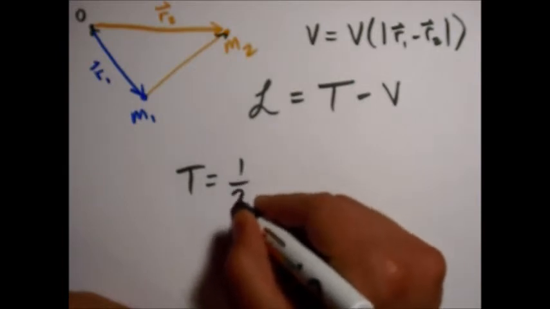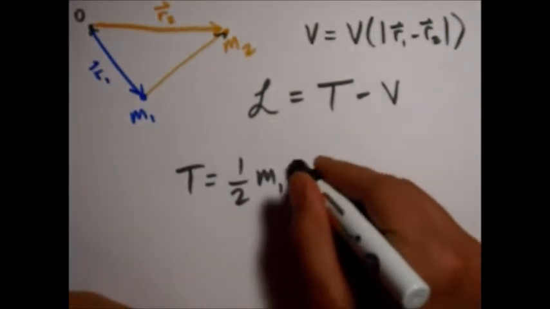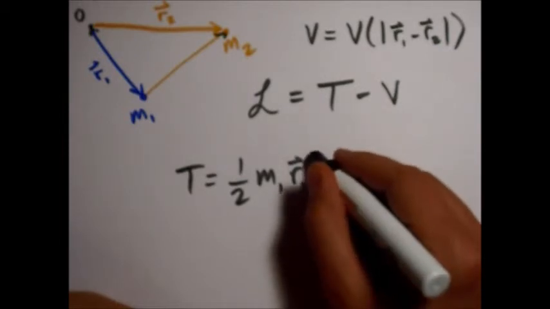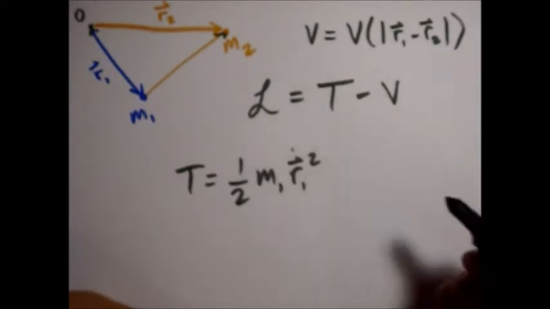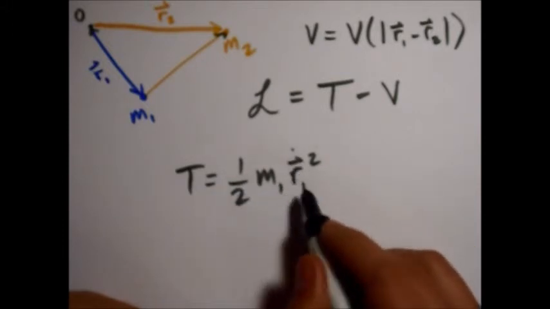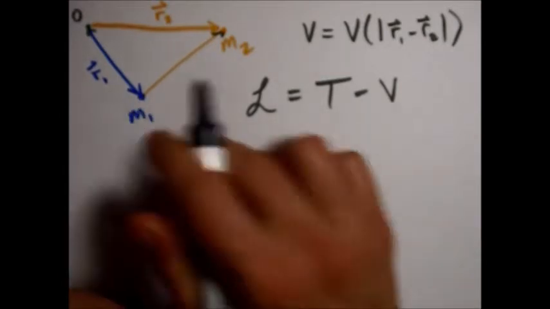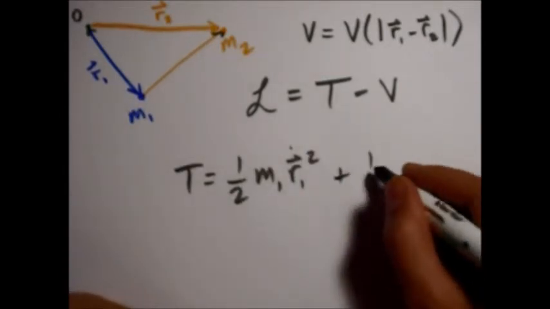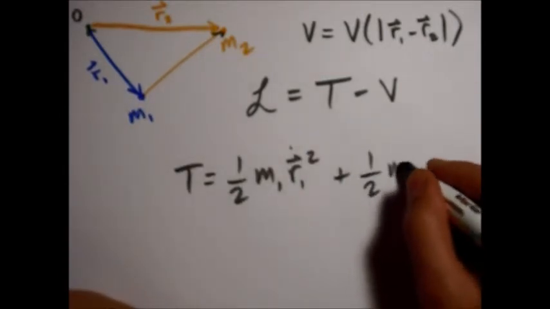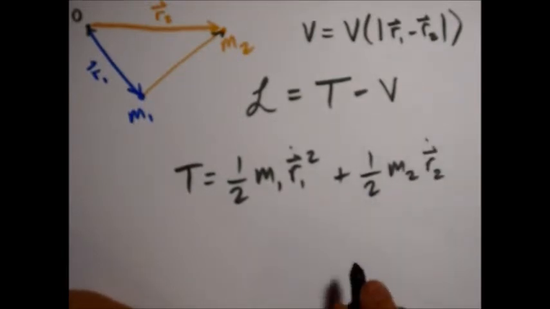So we have 1/2 m1 r1 dot, and we're squaring this. Okay, so this is just 1/2 mv squared. The r dot is the time derivative. So that's the kinetic energy of the one particle, and the other one will have 1/2 m2 r2 dot squared.